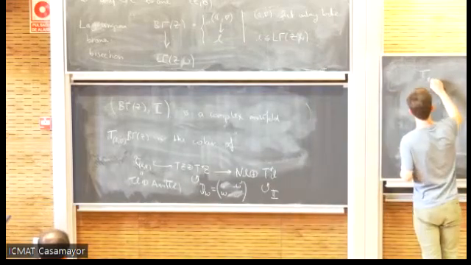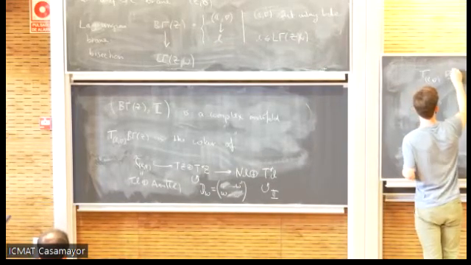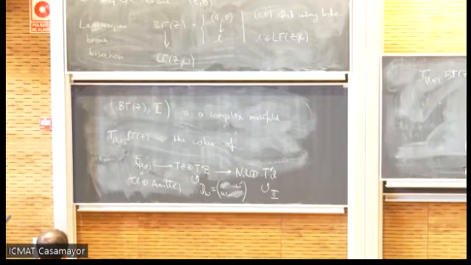One way to get this data is to consider closed complex one forms on X minus.